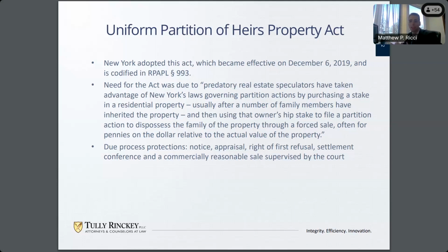So, we have about 2 years worth. And again, I hope to get to the case law at the end if I have time. But I did include a recent decision where a court was analyzing and adopting the Uniform Partition of Heirs Property Act in connection with a subject partition action.